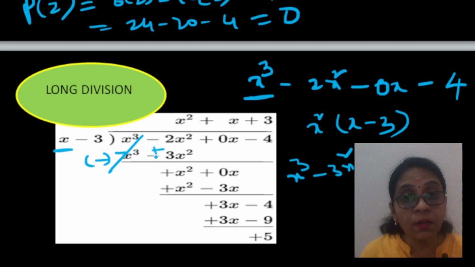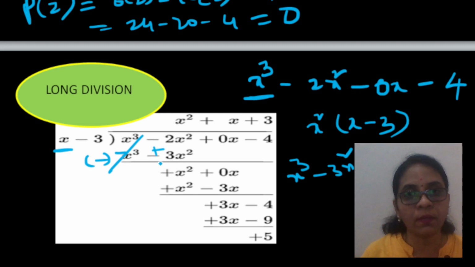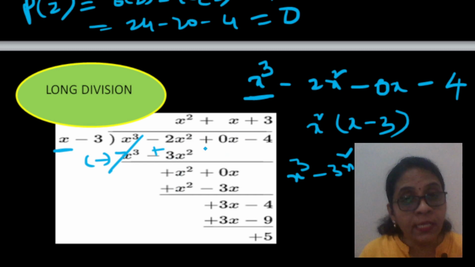If you don't remember to change the sign here, there is a high chance of you writing minus 5x square and that comes to the downfall of your question. You will lose all your marks for this particular question. Be watchful, be careful. These are small places where you have to be really vigilant. So plus x square. Now since we have written 0x, we are safe, we are bringing down that 0x.